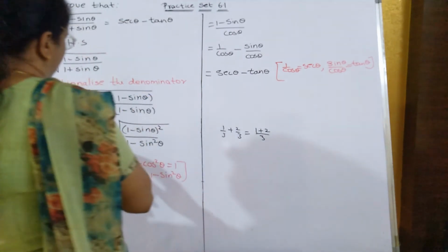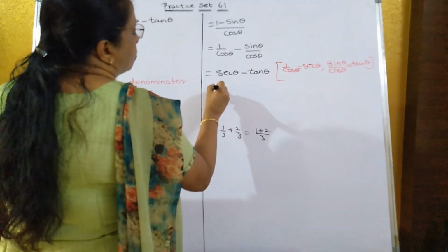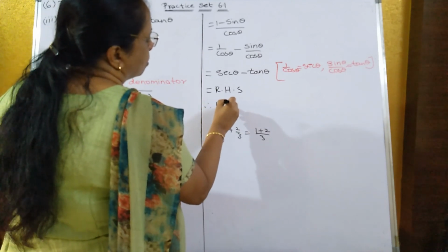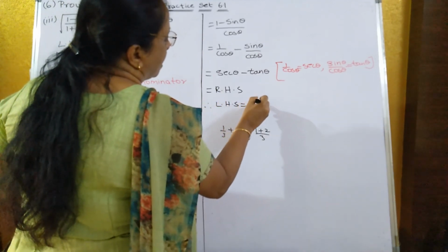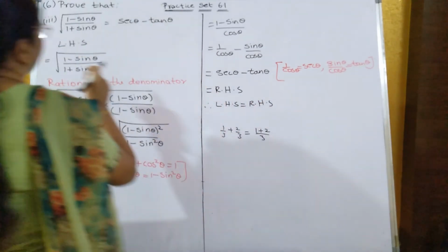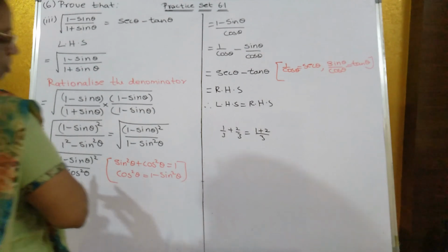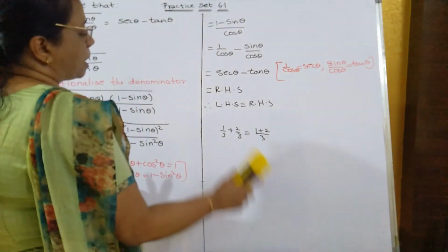So this is equal to RHS. Therefore LHS is equal to RHS. And then write down the question. Therefore root of 1 minus sin theta upon 1 plus sin theta is equal to sec theta minus tan theta.